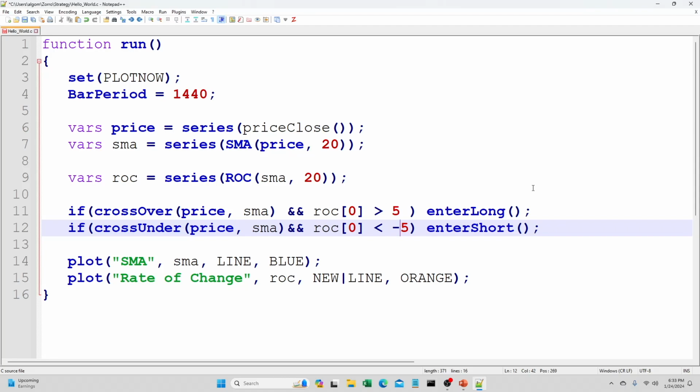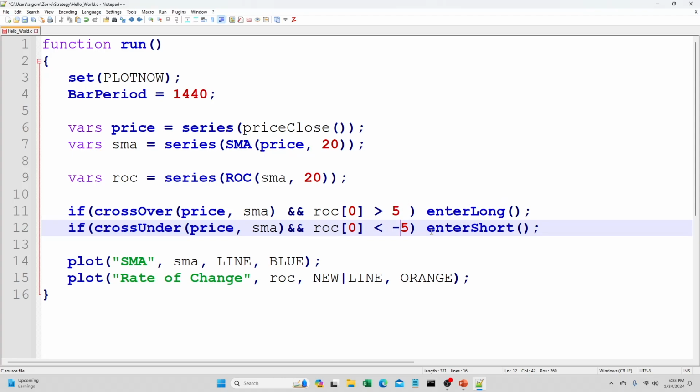Okay. So I'm defining a channel pretty much. So when we are with the rate of change inside this channel, 5 and -5, we're not trading. So the rate of change has to indicate a strong uptrend in order to enter a long position. Well, a strong or not so strong, but you know, an upwards trend.